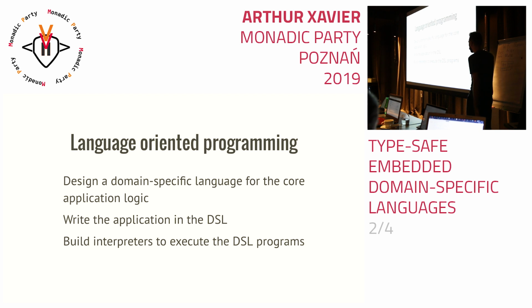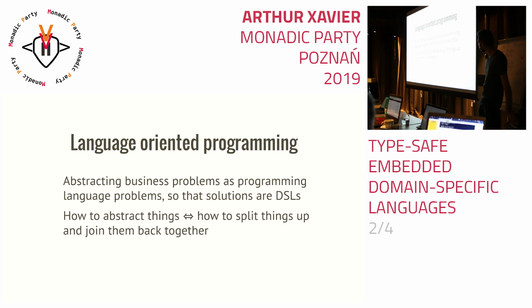So the basic technique for language-oriented programming is that you design a core application logic, you write the application in that DSL, and then you build interpreters to execute the programs in those DSLs. But it could also be comprised of multiple DSLs, and it all boils down to the same thing, right? If you have this language-oriented programming mindset, you'll always try to understand your business domain and try to express it in terms of a language, a DSL, whether it be an embedded DSL or an external DSL, whatever.